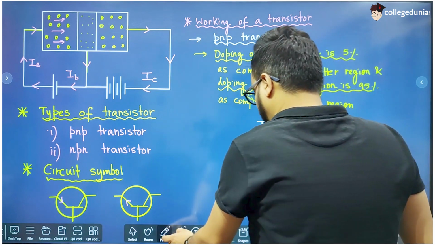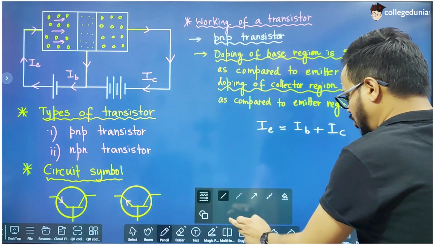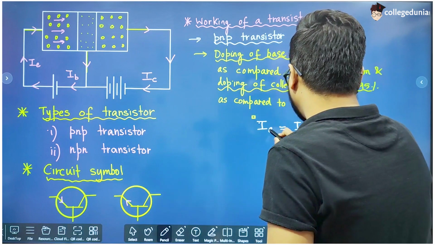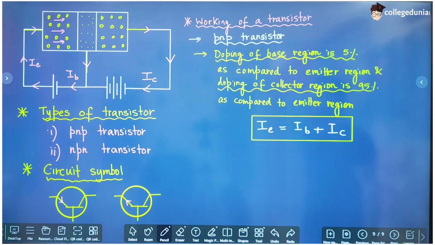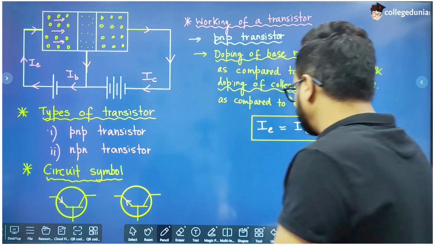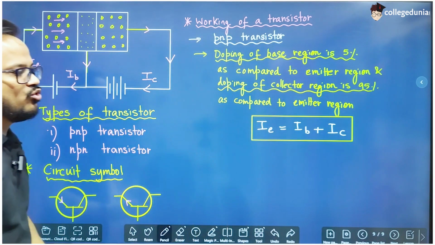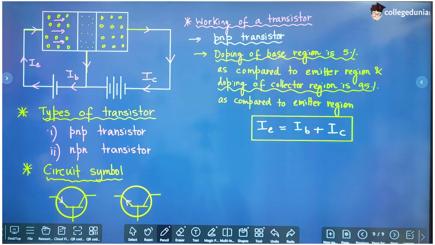This is a very important relation in the working of a transistor, that the emitter current is equal to the sum of base current and collector current.